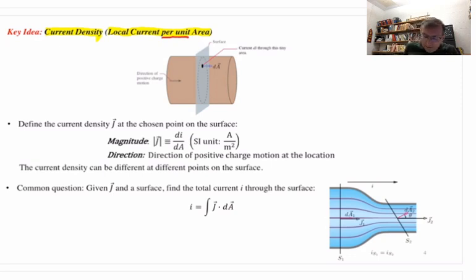And in that copper, I'm going to have conventional current, positive charges flowing, at least in this piece, I, from left to right. Then I'm imagining a mathematical surface slicing straight through.